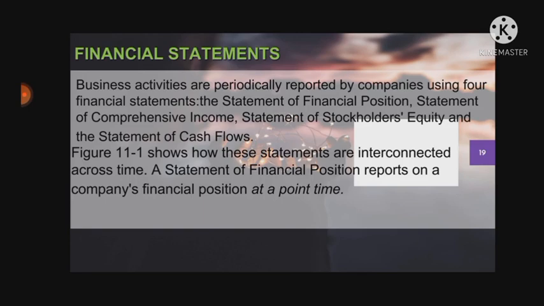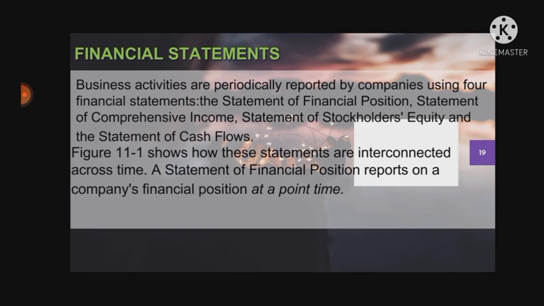Next one is the statement of shareholders' equity, or stockholders' equity. Its purpose is to enable shareholders to see how their investments are faring. It is also a useful tool for companies in helping them make decisions about future issuance of stock shares.